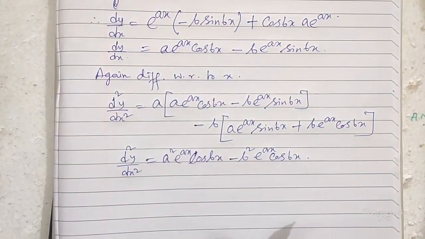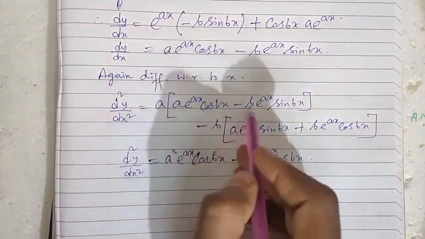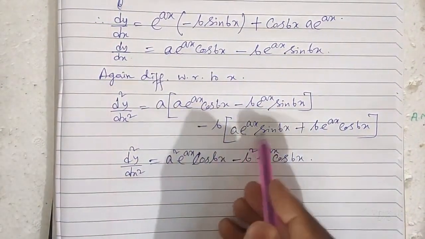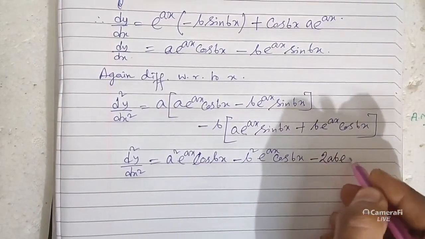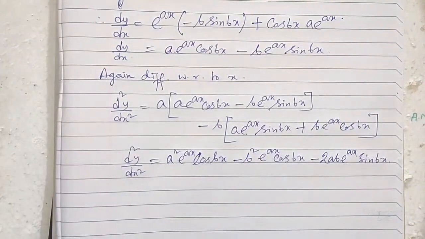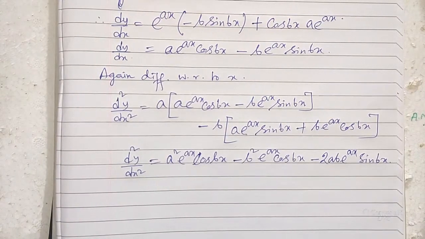Here it is coming minus ab e to the power ax sin bx, here also minus ab e to the power ax sin bx, that means minus 2ab e to the power ax sin bx. So this is the value of d2y by dx2.